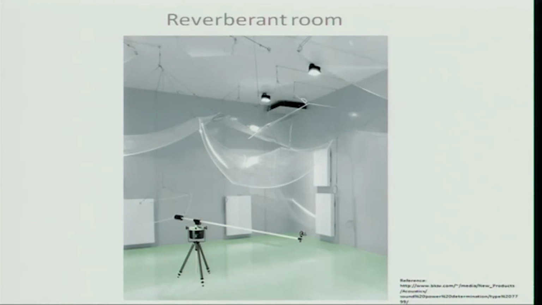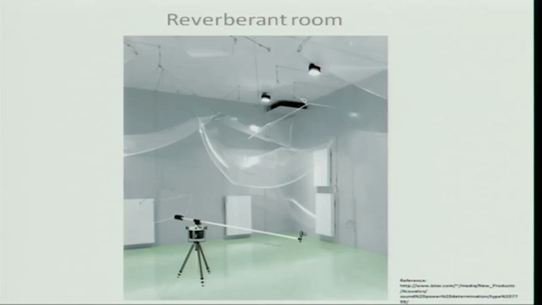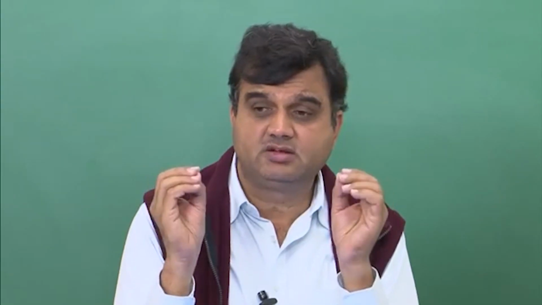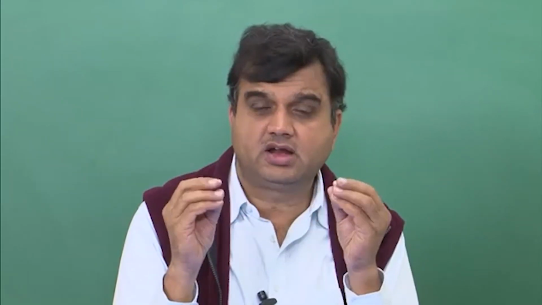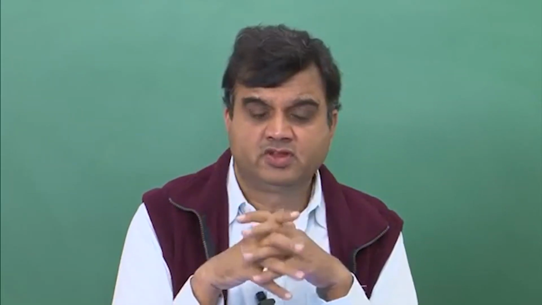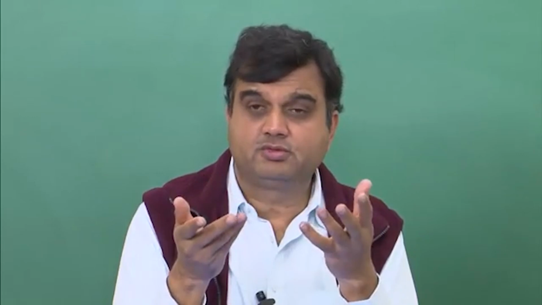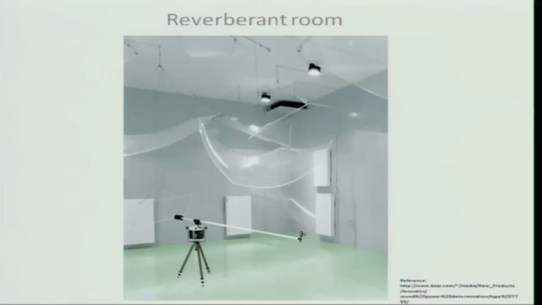What you are seeing here, and the source of this is this website, is a picture of a reverberant room, and this is just the opposite of an anechoic chamber. In an anechoic chamber, your whole approach is to make sure that the amount of echoes or reverberations is as small as possible. In a reverberant room, what you want is exactly the opposite.